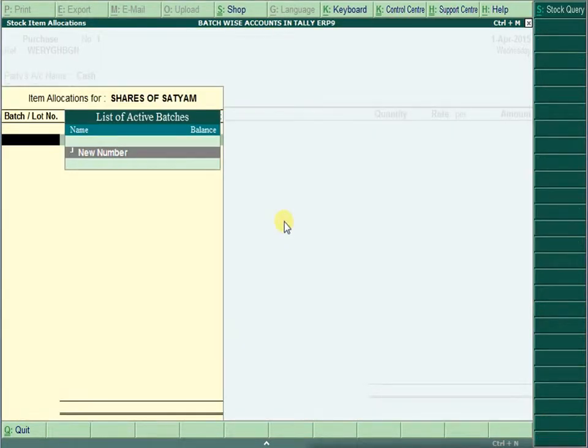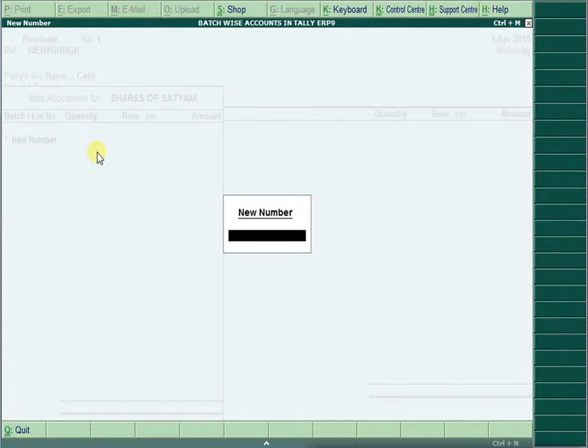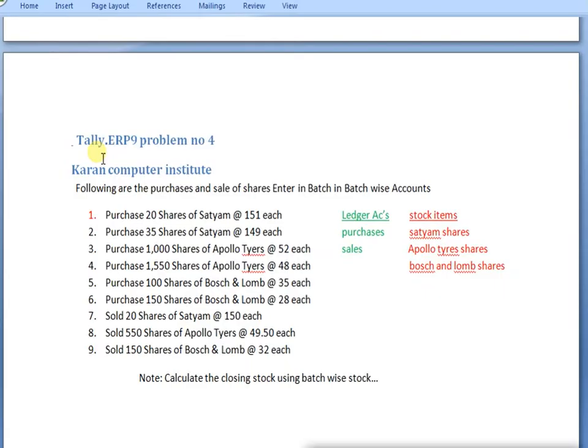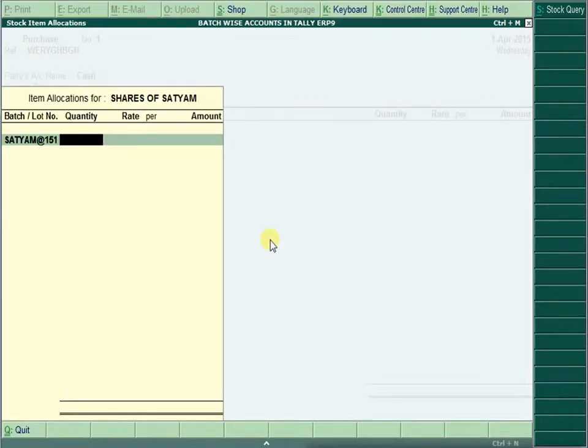Here we should make the list of active batches. Presently there are no batches. Now we are making batches for Satyam shares. Select here new number and enter Satyam @151. The batch name is Satyam @151. Here we are purchasing 20 shares, the rate per is 151.